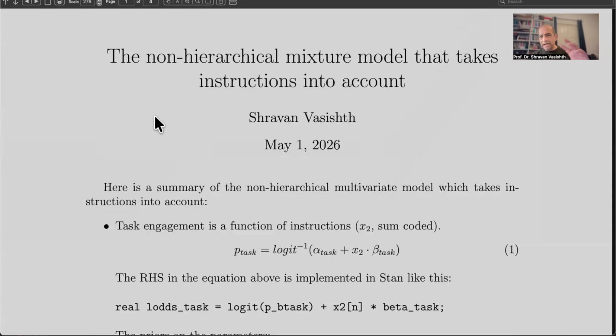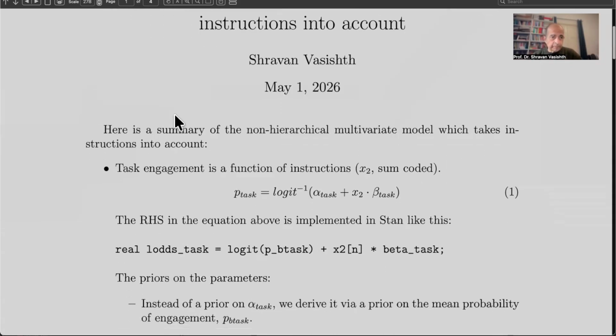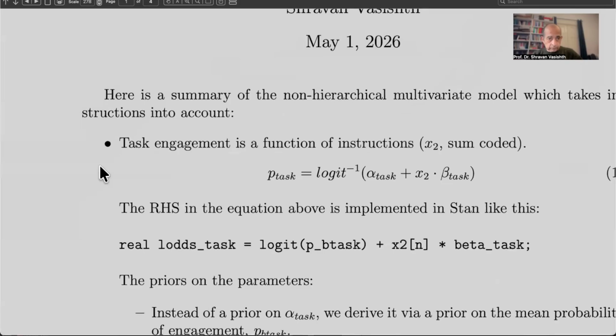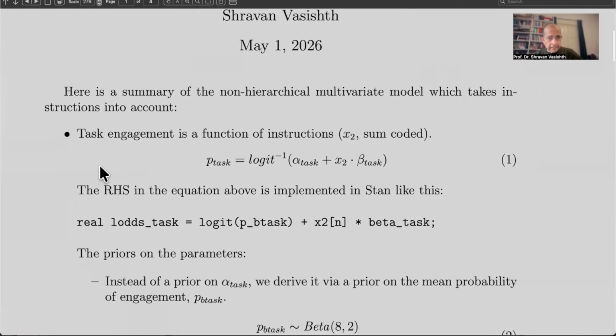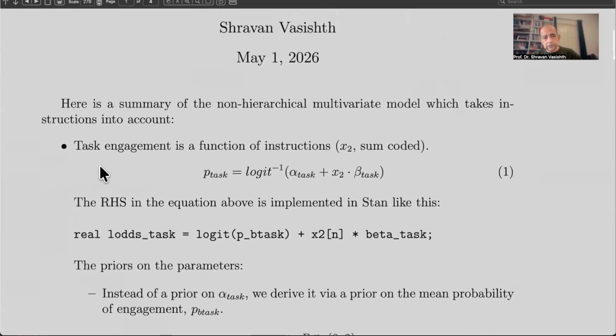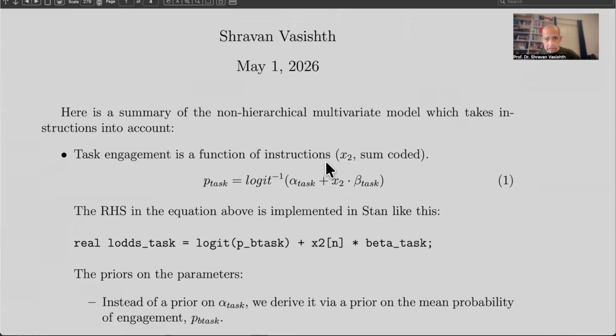I won't talk about the more obvious things in the Stan code, like prior specification, which is now trivial. It's the actual implementation of the log likelihood in the mixture process that requires some careful thought. Okay, so the very first thing to notice in the model that takes instructions into account.